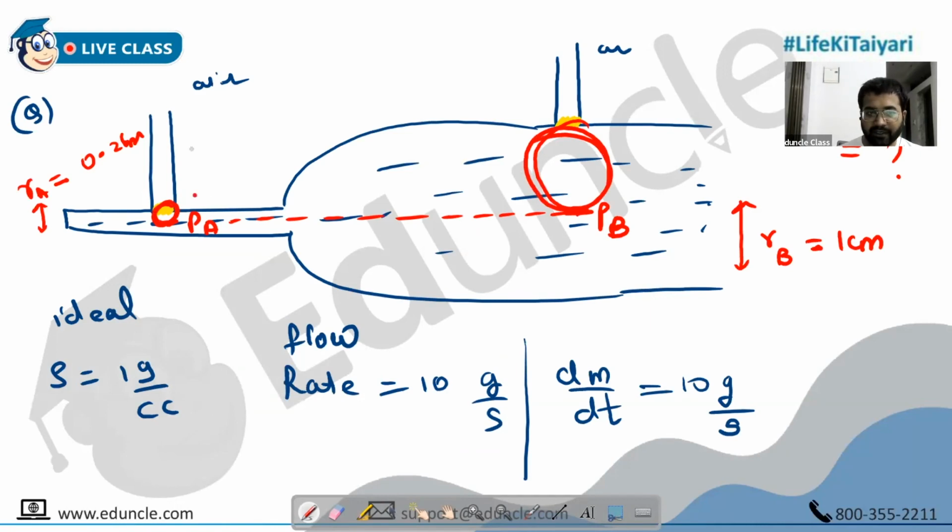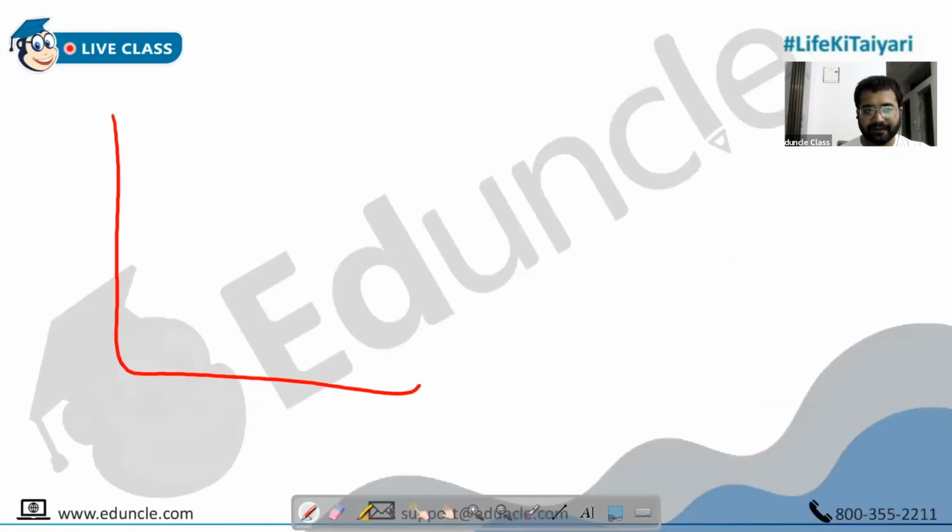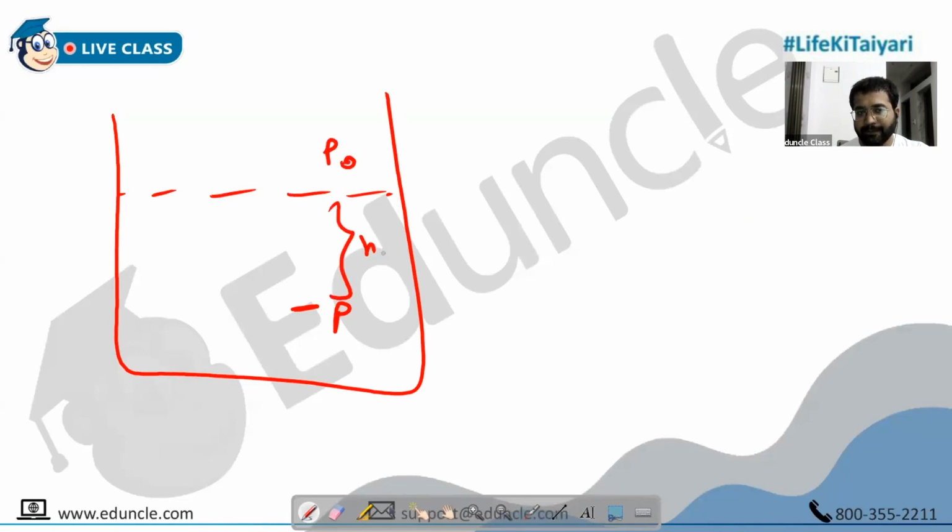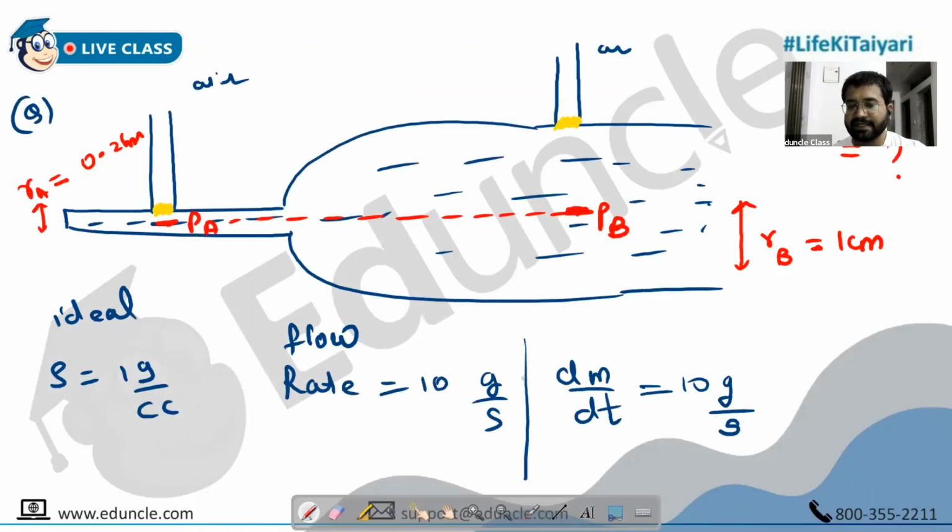I hope you remember how to calculate the additional pressure: P naught plus H rho G. So this is water. If you want to calculate pressure here, you have air pressure plus additional H rho G. That is different in both cases. So you cannot say the pressures are equal because these are different compartments. Never be tempted to write the answer 0.